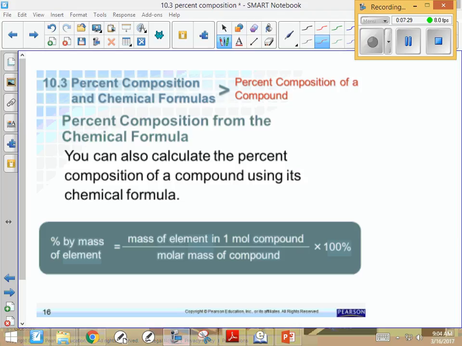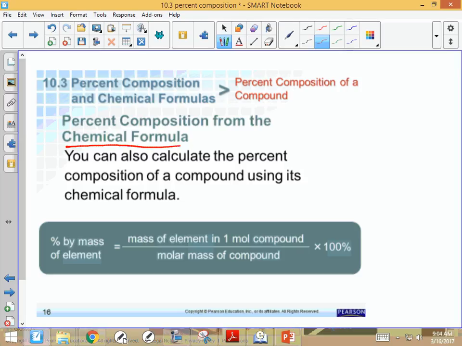Okay, the second thing you can do with percent composition is calculate percent composition from the chemical formula. What you do with this is you assume that you have 1 mole of the compound.